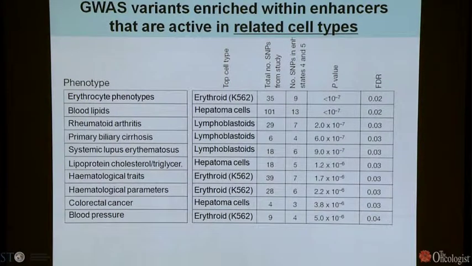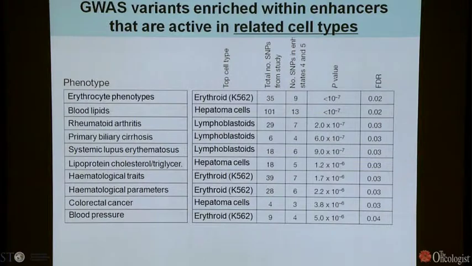The second hit was studies of lipid levels, and those variants are enriched, as you can maybe guess, in HepG2 cells, which is a hepatoma cell line. And then there are a number of examples of immune-related diseases where variants associated with those diseases are frequently sitting in enhancer elements that are active in different lymphoid or immune cell types.